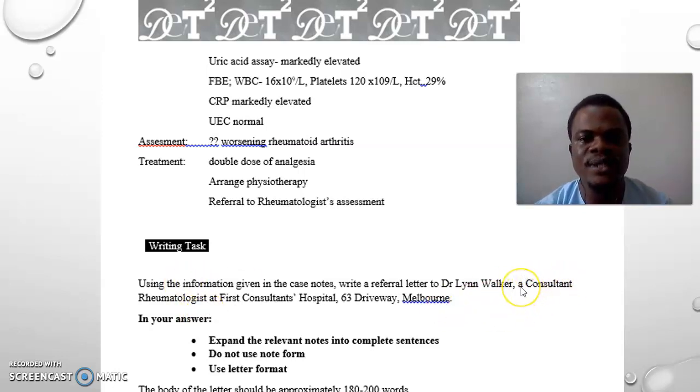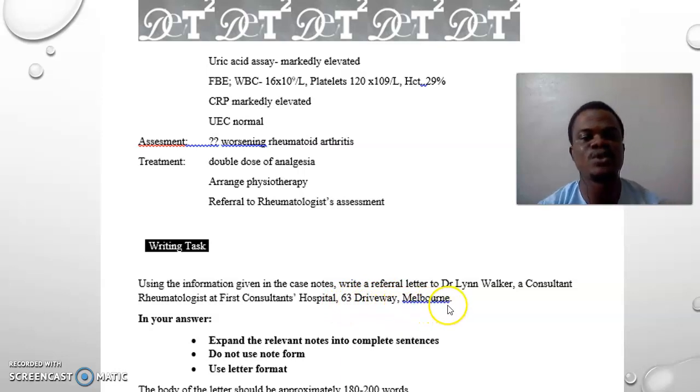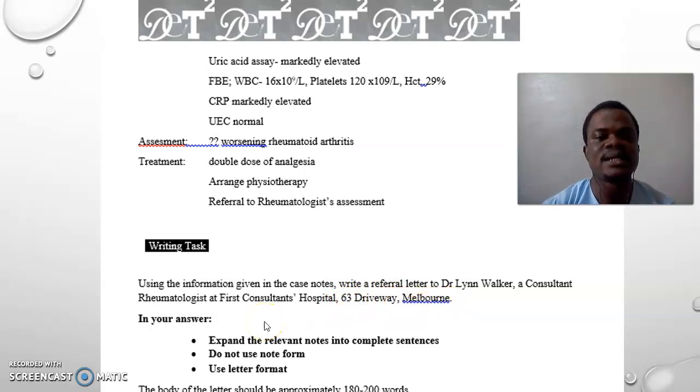I removed the article and just said consultant rheumatologist to be the second line because there is a comma here after Lynn Walker. Then at First Consultant Hospital, I will remove this preposition. They would have just added a comma again and said First Consultant, but they used at. So that means this First Consultant Hospital should be on another line. Then they added a comma and said 63 Driveway, which should be on another line. Then they added a comma and said Melbourne. So Melbourne should be the last line.